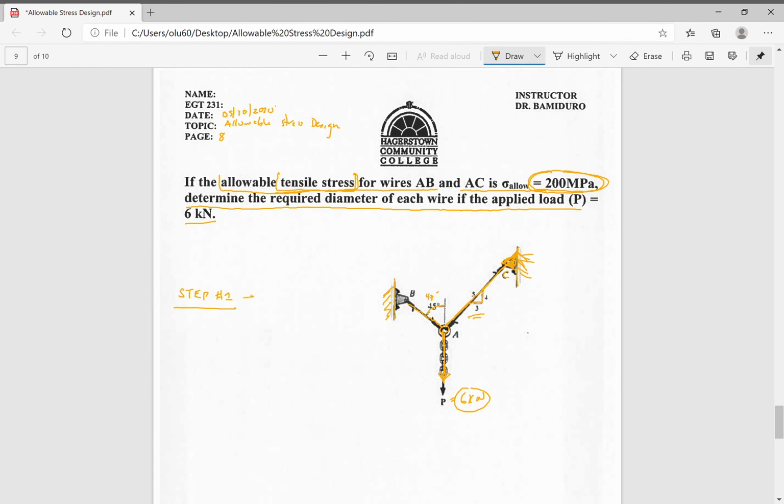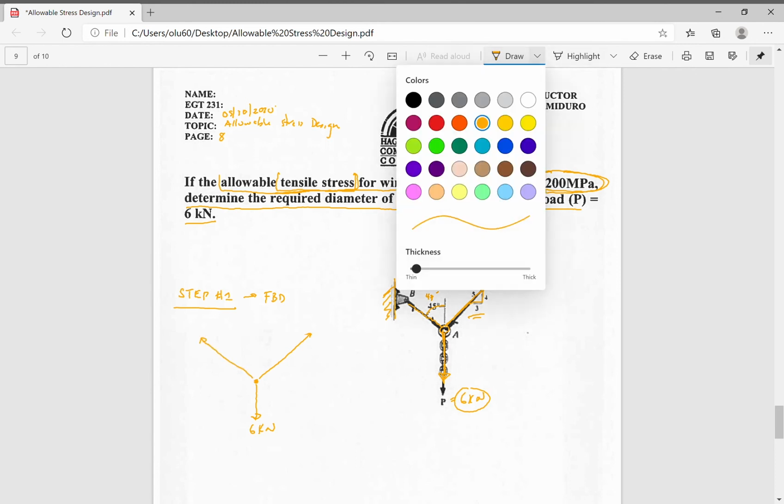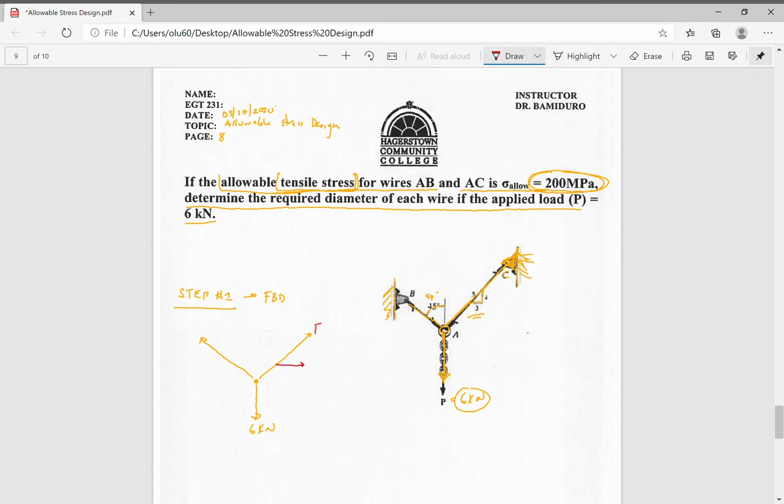start off with our free body diagram. We have a force of 6 kilonewtons pulling down, and forces that can be resolved into x and y components. This is FAC, and this is going to be 3/5 FAC.